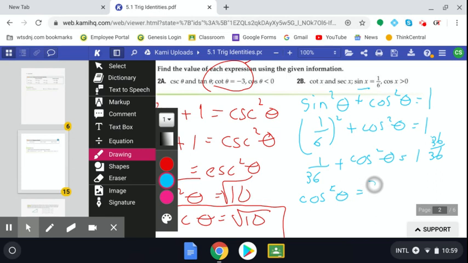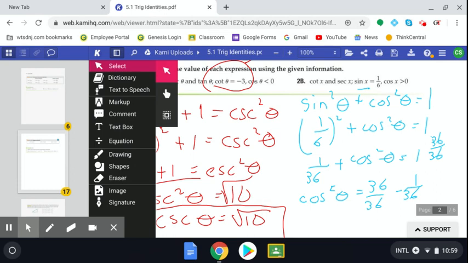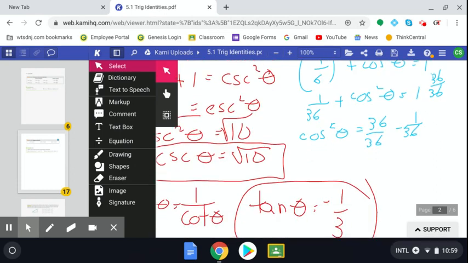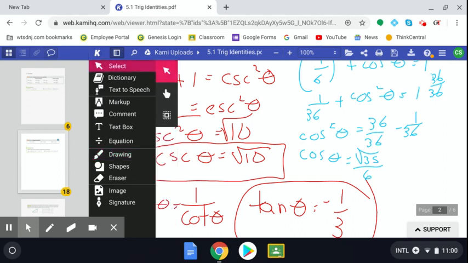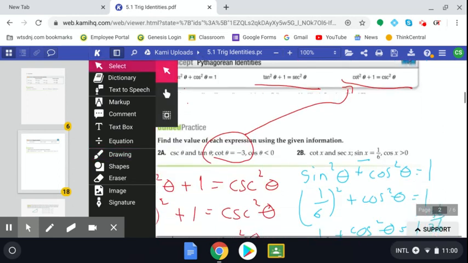So I have a common denominator, 36/36 minus 1/36. So cosine theta is going to be square root of 35 over 6. Okay. And did they tell me cosine is greater than 0, so positive.